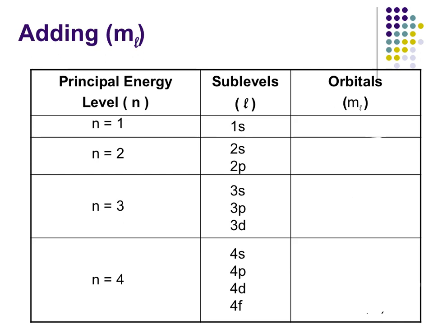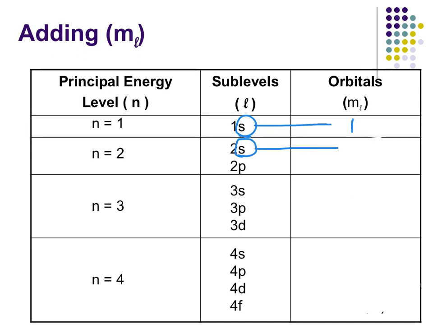Now I want to talk about the magnetic quantum number. All I really want to do at this level is make sure that you know how many shapes accompany each type of sublevel. If I have a 1s sublevel, because of the s, I will have only one orbital. That is consistent anytime I have an s. Just because it says 2s doesn't mean that there are 2 orbitals.